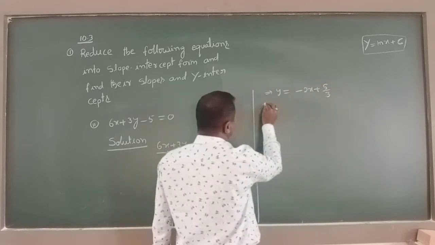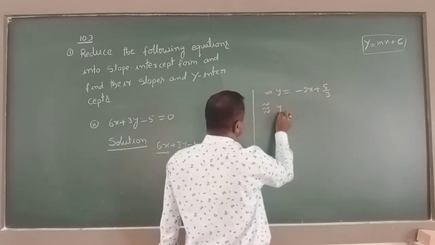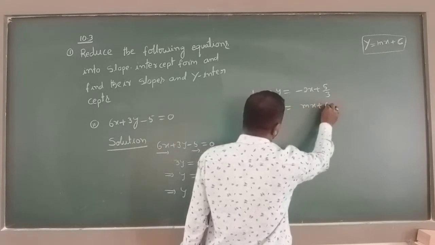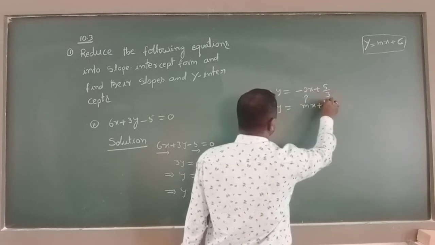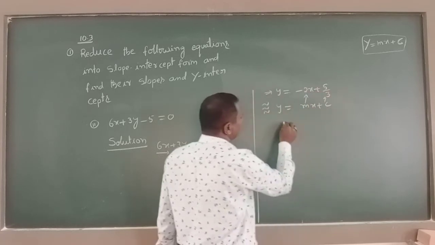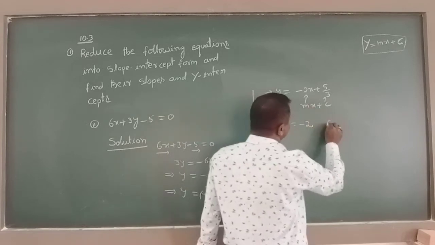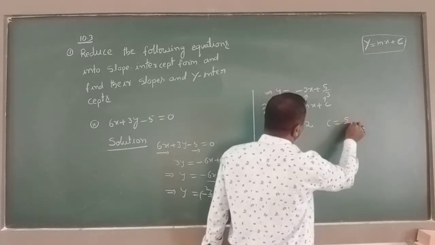At the same time, comparing with the general slope y-intercept form y is equal to mx plus c, you get m value is minus 2 and c value is 5 by 3. That implies m is minus 2 and c is equal to 5 by 3.